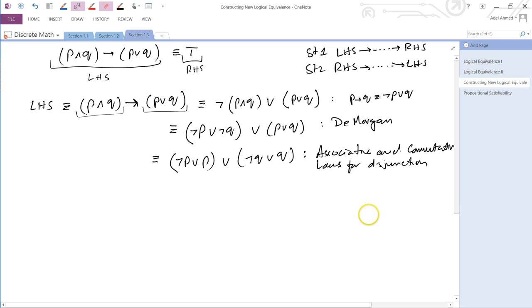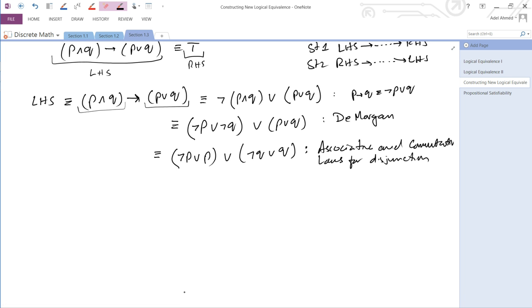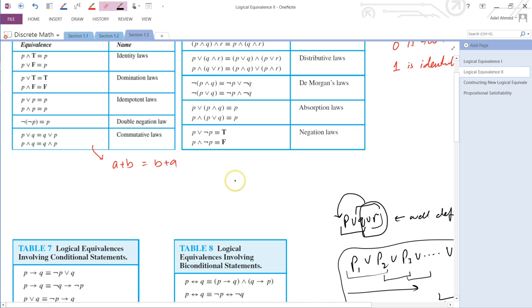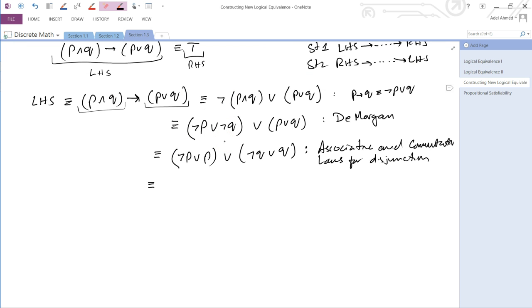Let's go further. I'm sure you must recall that not P or P is always true. If not, let me just take you to the table again, and you'll see that not P or P is always true. So we end up with true over here, or not Q or Q is also true, so we end up with true over here.